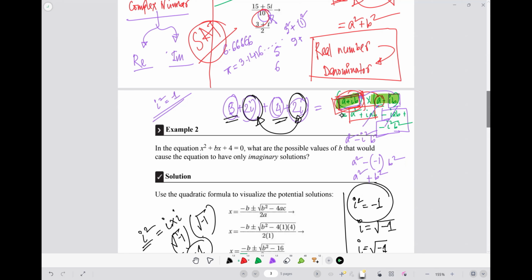They're asking you to use the quadratic formula, and then you need to find out what the values of b might be.